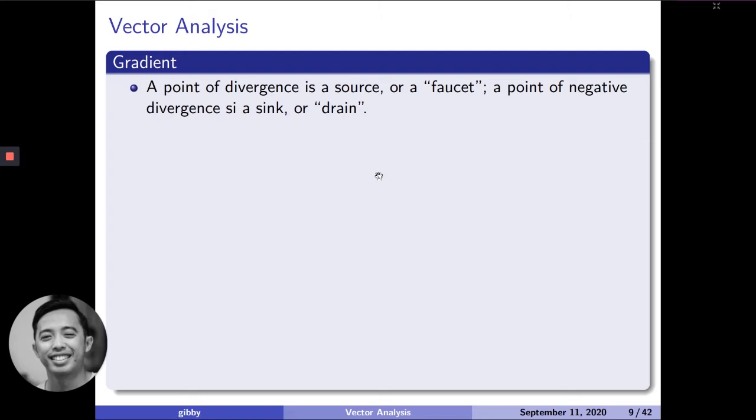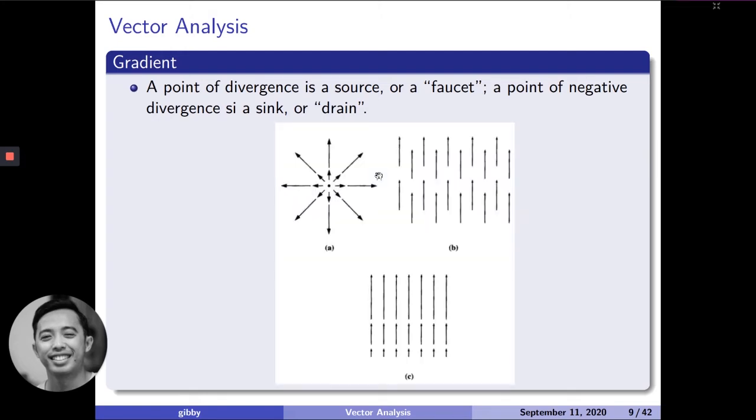In mathematical terms, these are examples of having a positive divergence or not. Letter A has a very large positive divergence because it spreads out away from the source, so it's like a faucet. For letter B, you might guess, what's the value of divergence?